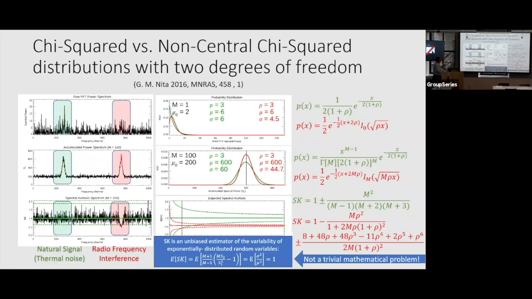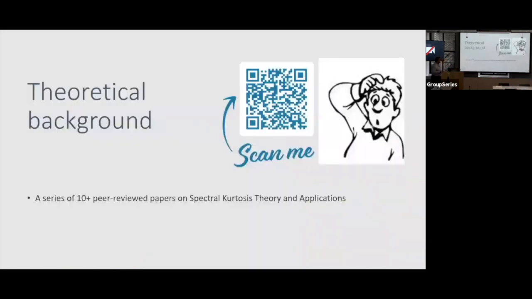Excuse me a little. It requires a lot of work. And actually, I have studied this distribution for 15 years now, and I published more than 10 papers on spectral kurtosis theory and its application.